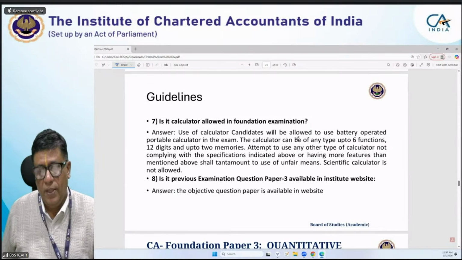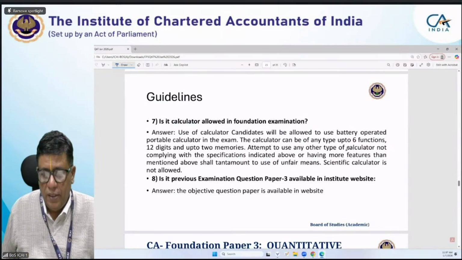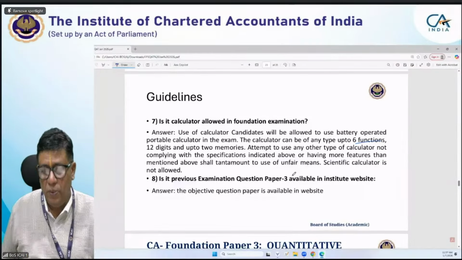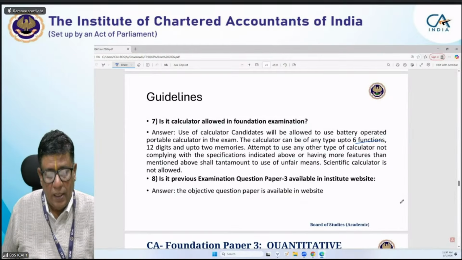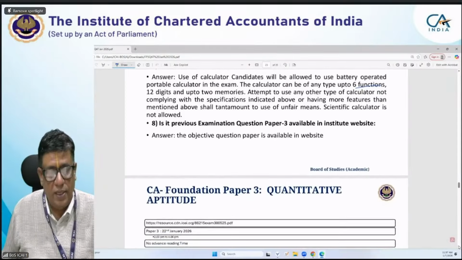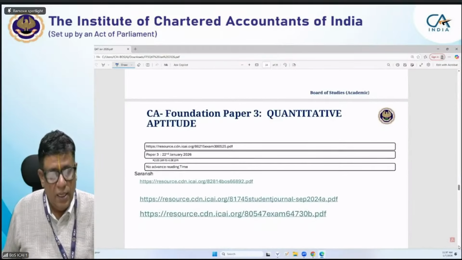Please keep in mind this is 6 functions, 12 digits and up to 2 memories. Use of any type of calculator not matching the specification indicated above, having more features than mentioned, shall be treated as unfair means. That means you cannot use a scientific calculator.